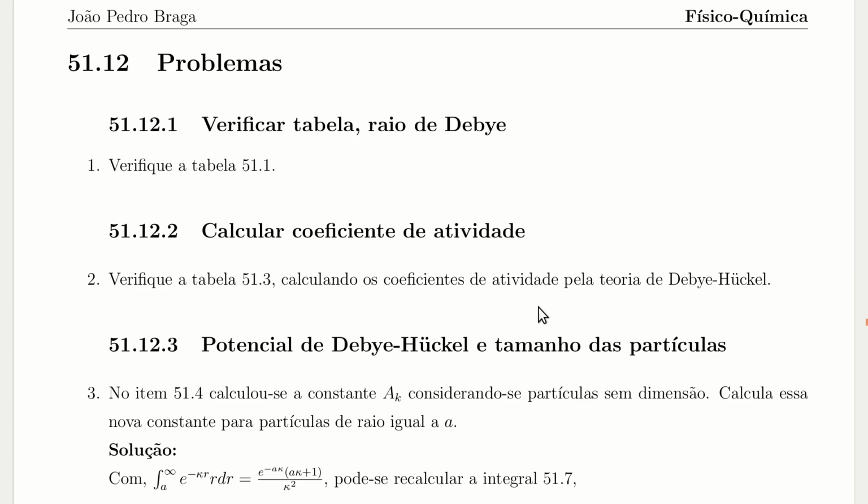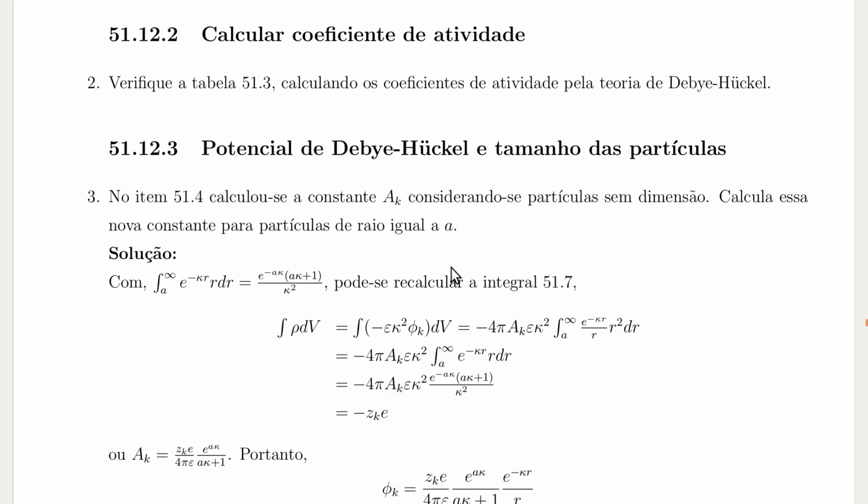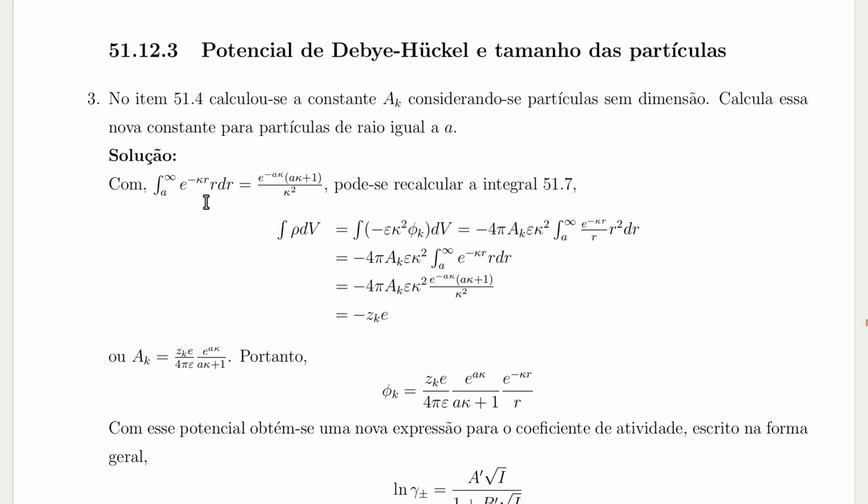And the third problem is to recalculate the constant in the Poisson solution, but now taking into account the size of the particles. It's very simple. The integral is well known, and you arrive at this expression.